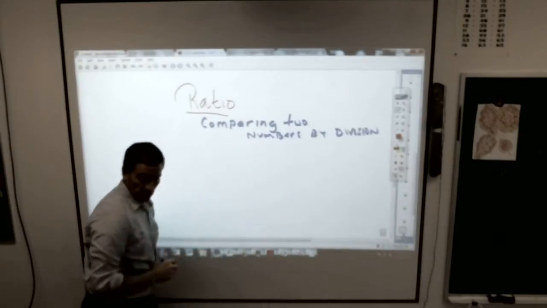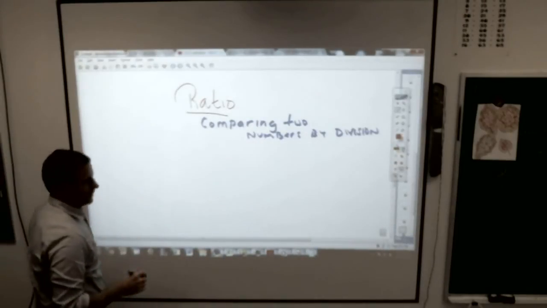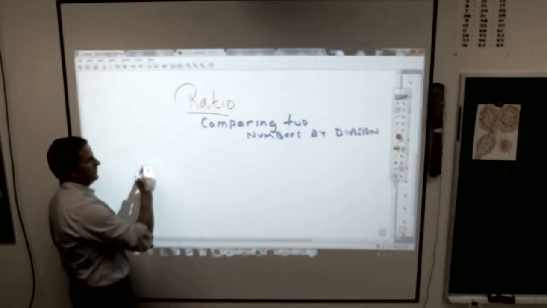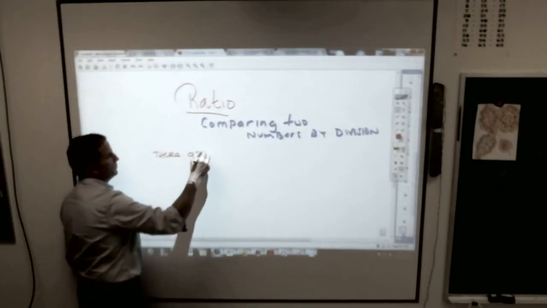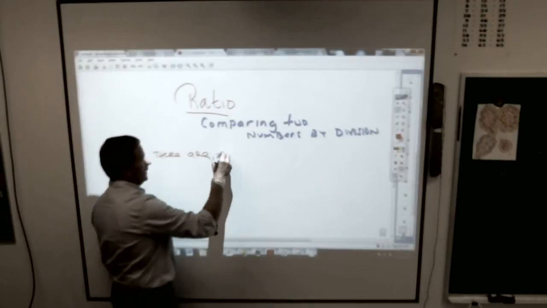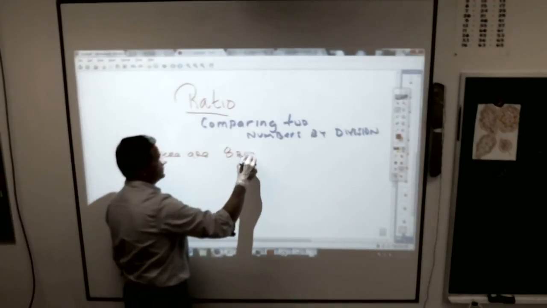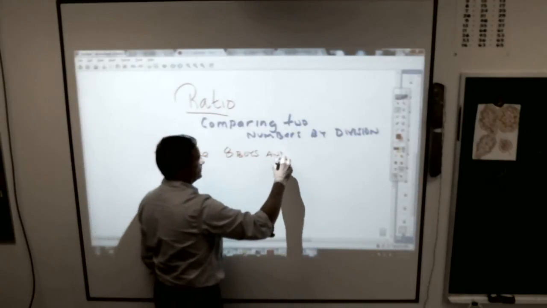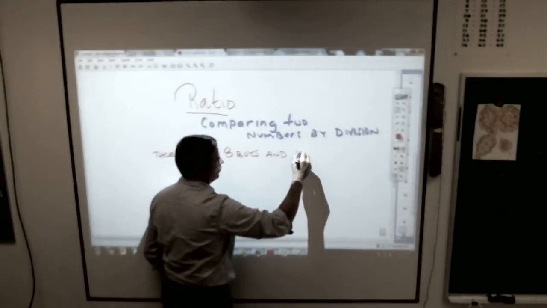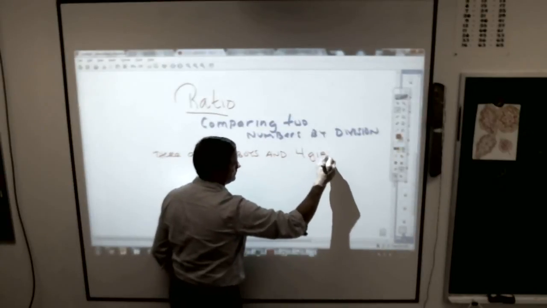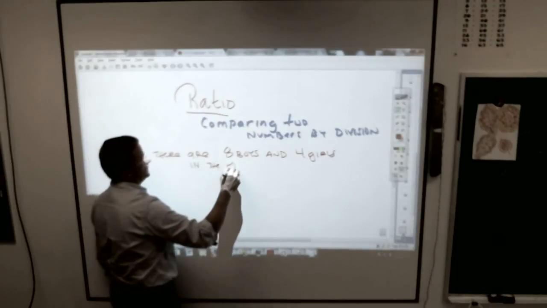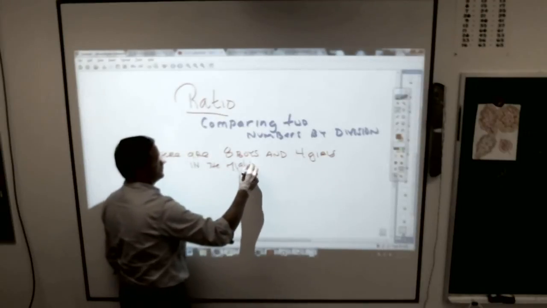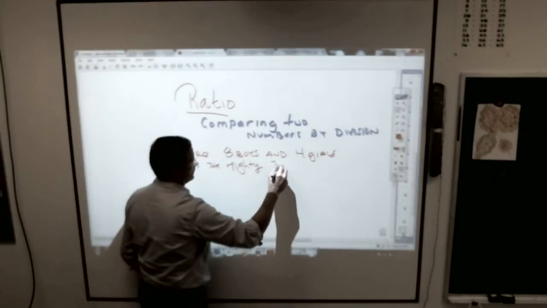For example, let's just use your class here. How many boys are in your class? 8. 8 boys. And how many girls? 4. 4 girls in the mighty 7th grade.